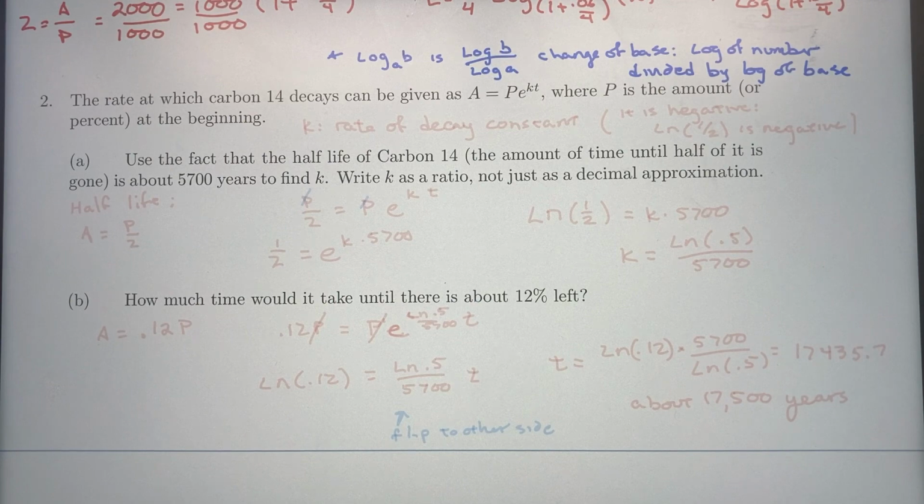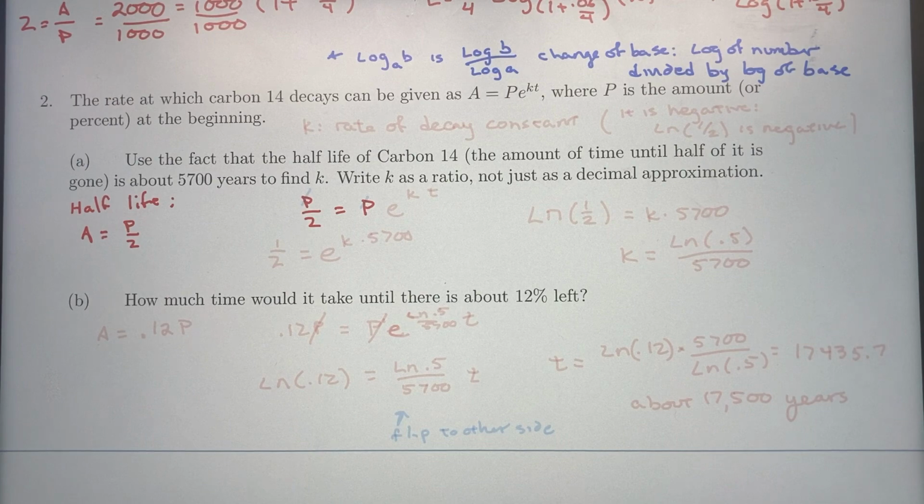Regardless, half-life means how much time does it take to have half of the original amount. So for our purposes, we just put in half of P for the amount that we currently have.